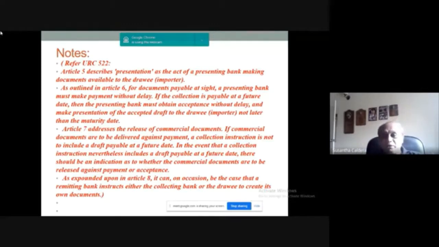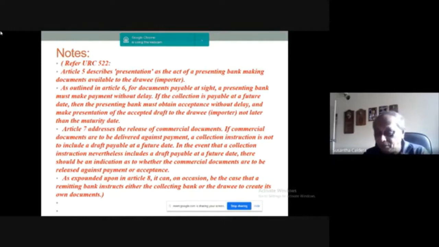As expounded upon in Article 8, it can, on occasion, be the case that the remitting bank instructs either the collecting bank or the drawee to create its own document. As per Article 8, sometimes the remitting bank will instruct the collecting bank or the drawee to create its own documents, maybe a letter of undertaking like that.